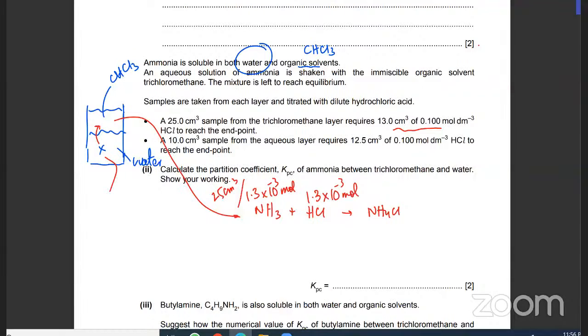Then he takes some sample from the water layer as well, from the aqueous layer, 10 cm³ exactly. He takes that ammonia, it's going to be the same reaction. He reacts it with HCl, it forms ammonium chloride. Can anyone tell me how many moles this is? 1.25 times 10 to the power minus 3. Sir?